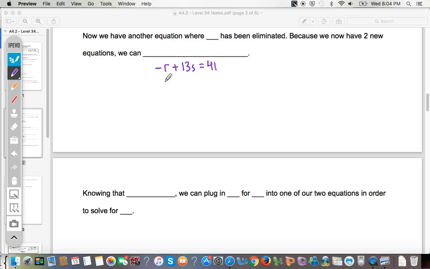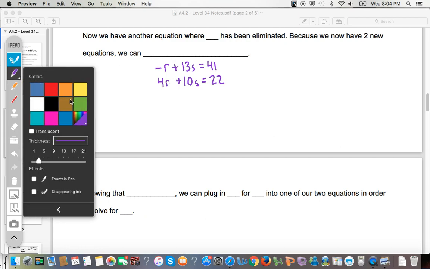And then my second equation is 4r plus 10s equals 22. Okay, two new equations. So we know how to solve systems like this. I'm going to use the elimination method.